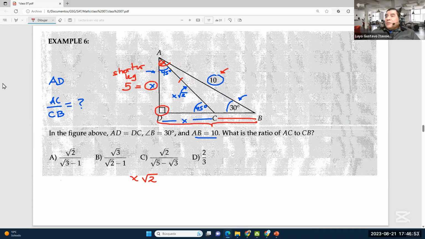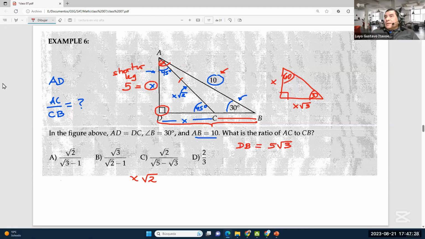What should be the longer leg in terms of X? Well, according to the properties of this triangle, 60, 30, and right angle, if this is X, this should be X times the square root of 3. So what is the length of DB? DB would be actually 5 times the square root of 3.